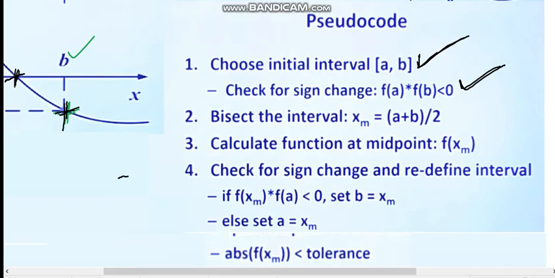Now you have to find the midpoint, or bisect the interval, that is x m equals (a plus b) by 2, and find the value of the function at x m.